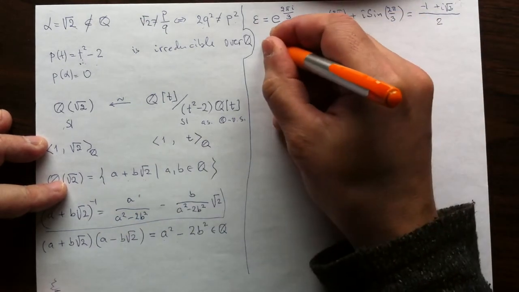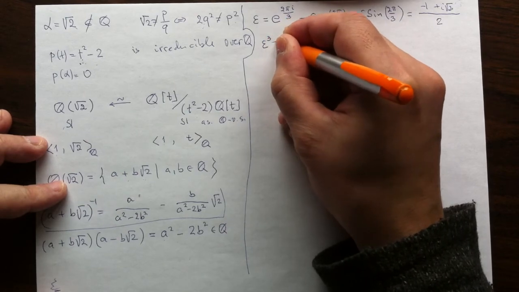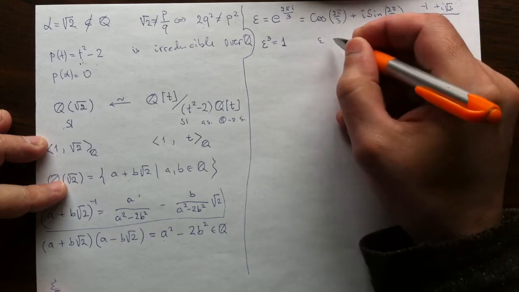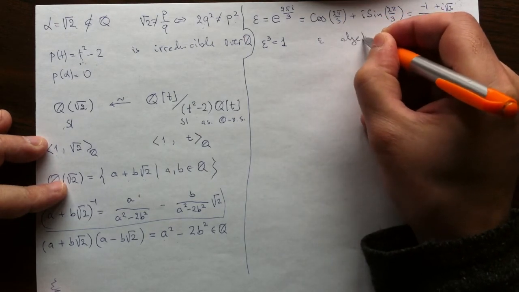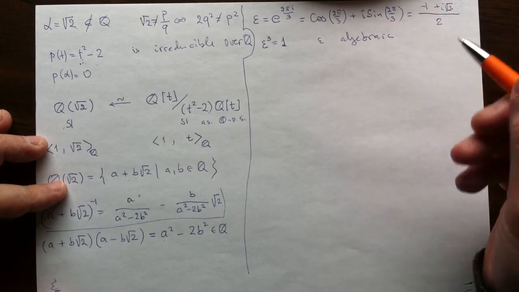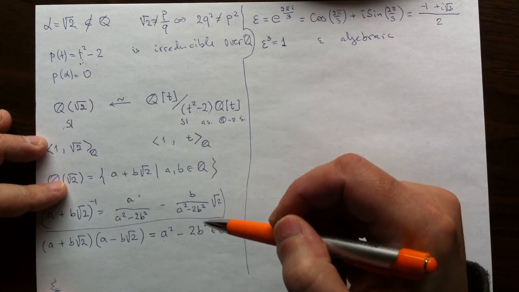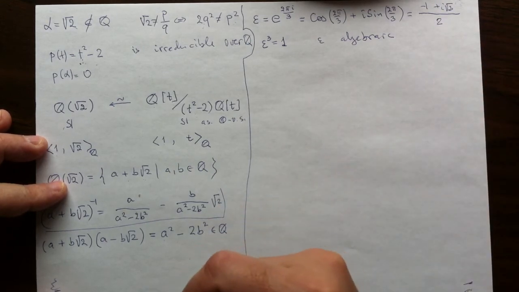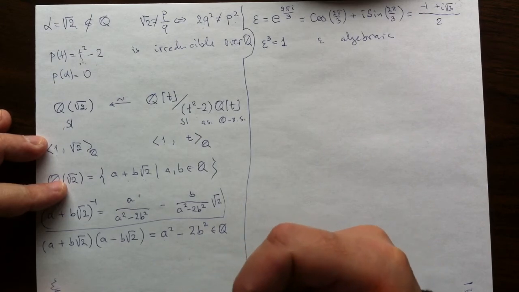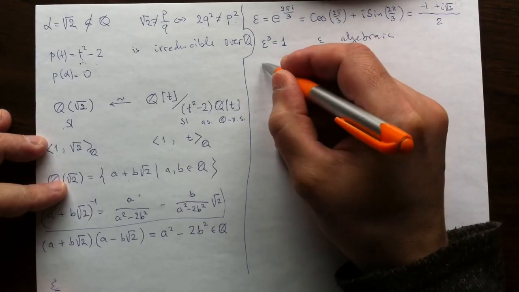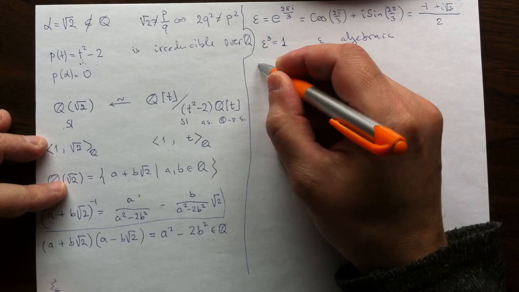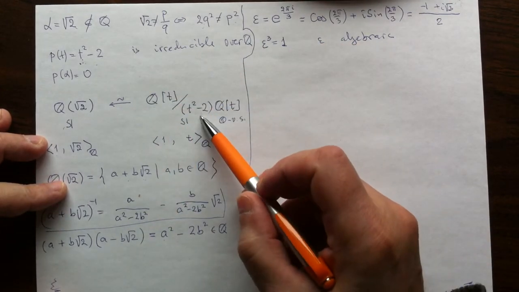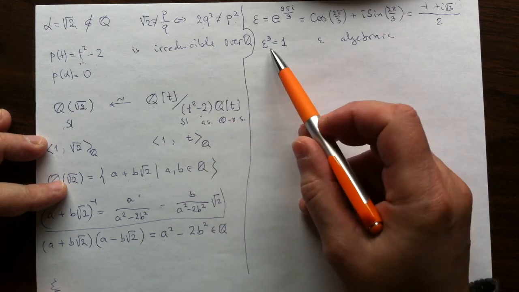This is a number which is a root of degree 3 of 1. So it is an algebraic number, it is a root of a polynomial. So when we attach it to the field of rationals, we will have some proper extension, because this is not a rational number, obviously it is not even real. And the polynomial we will need for analysis, like in here, will have to be the minimal polynomial for this number.